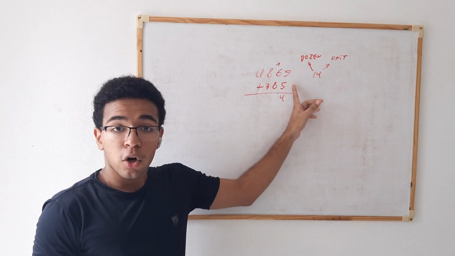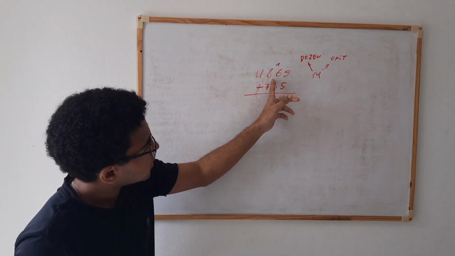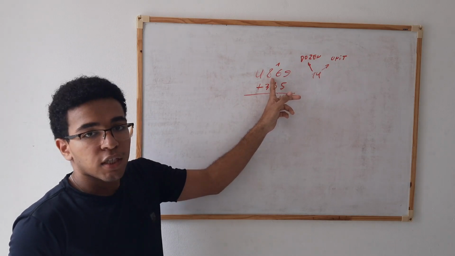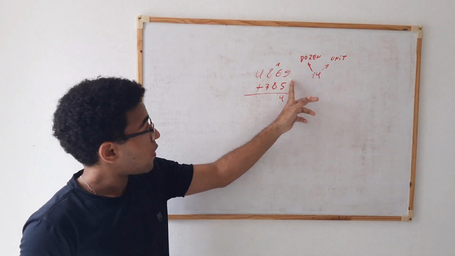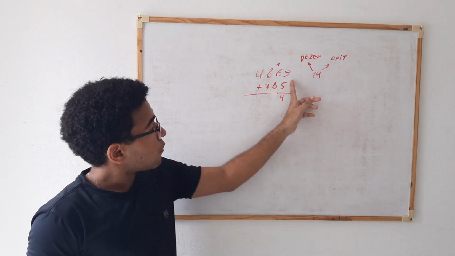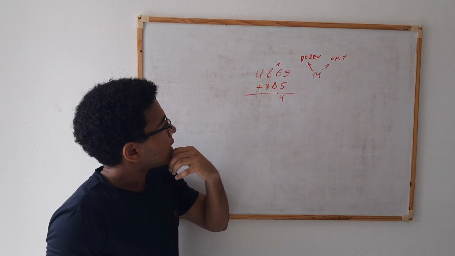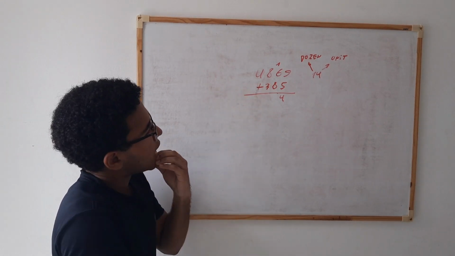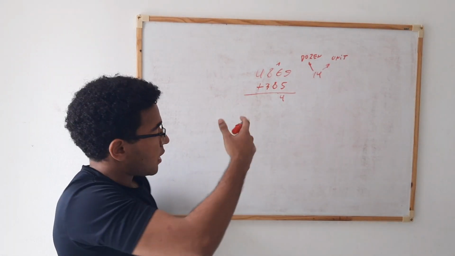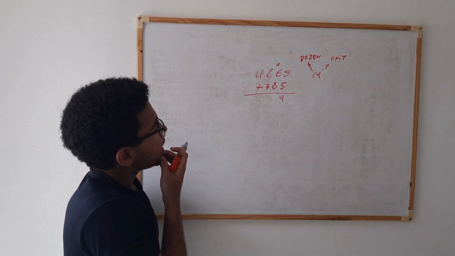So we can be sure that if I'm dealing with dozens, I will not be changing the units. But if I'm changing the units, I might run the risk of changing the dozens, okay? And we don't really have to finish that because this is just the idea that I wanted to pass.